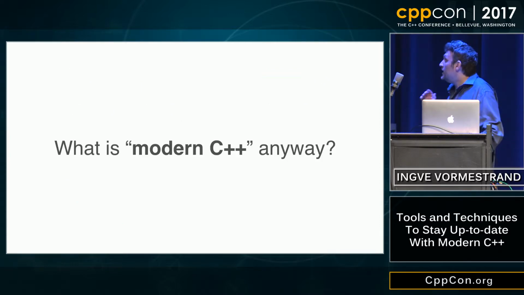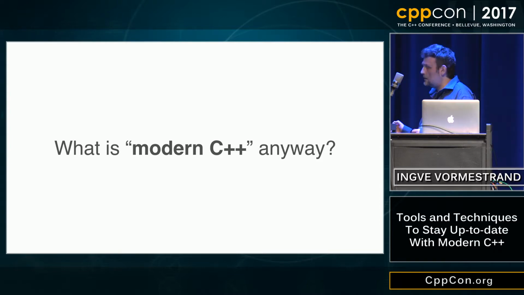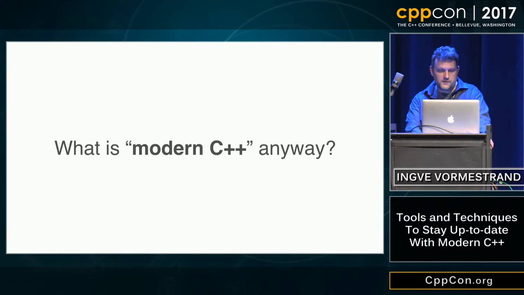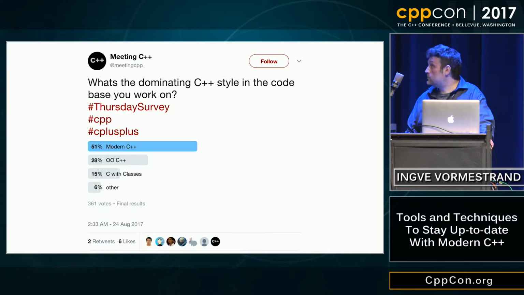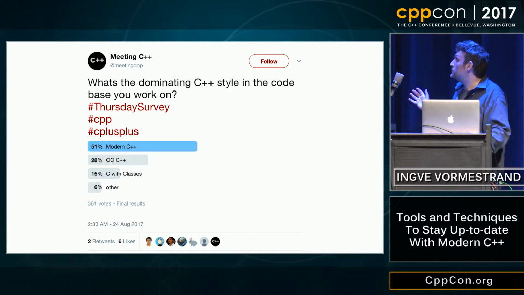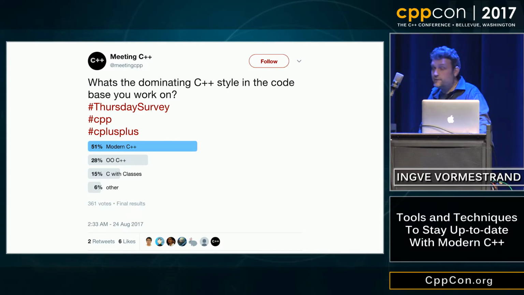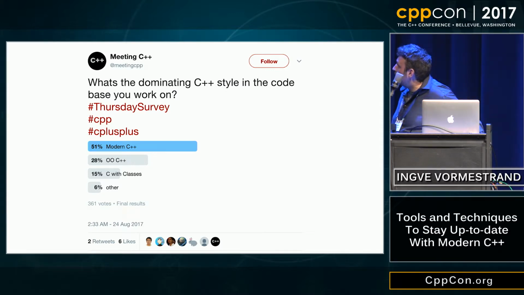Okay, but what is modern C++? Can anybody define that? This is frequently debated, and nobody has a textbook definition, I think. Meeting C++ has tremendous resources. For example, on the Twitter feed there are usually very insightful polls. And they found out that a majority seems to be using modern C++.